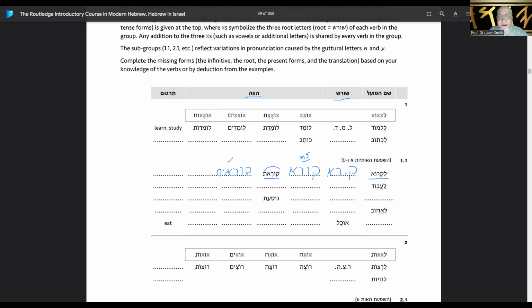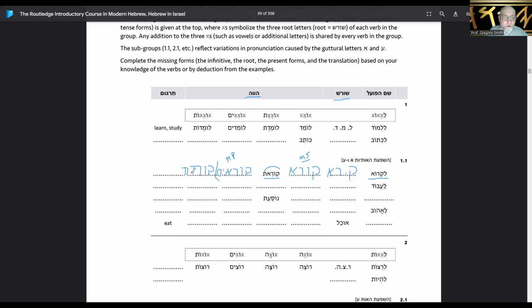That would be a mixed plural or masculine plural. Okay, and then this one would be korot. Pretty sure that's probably what that one is.